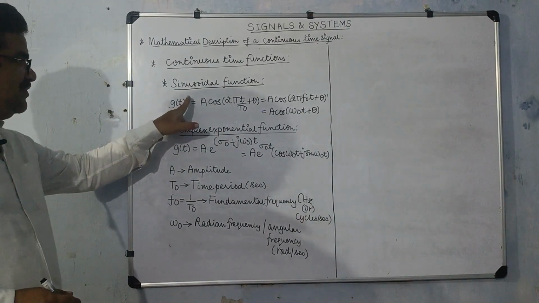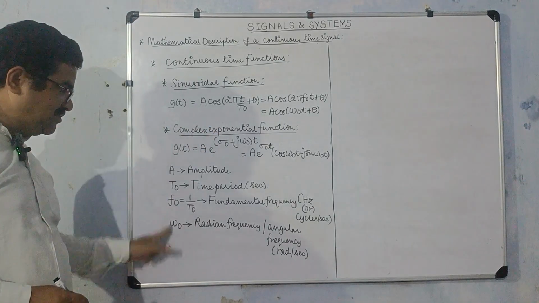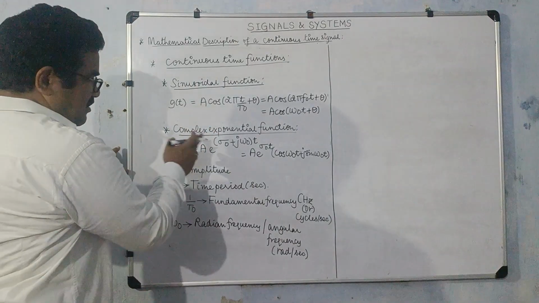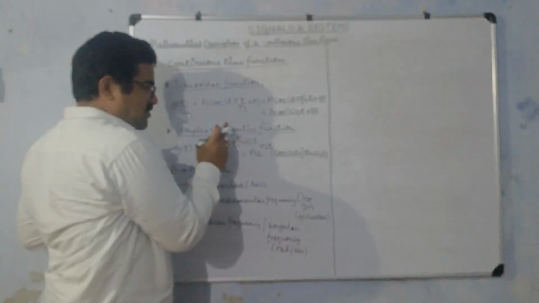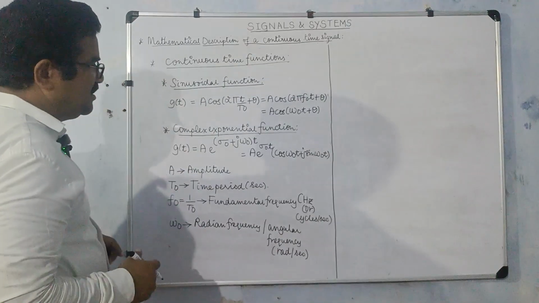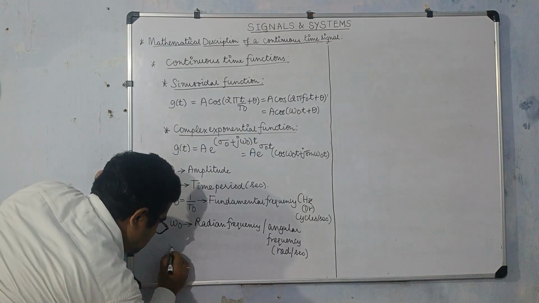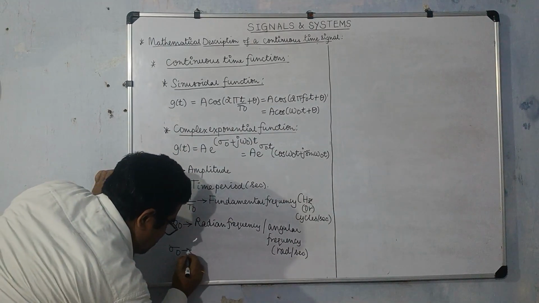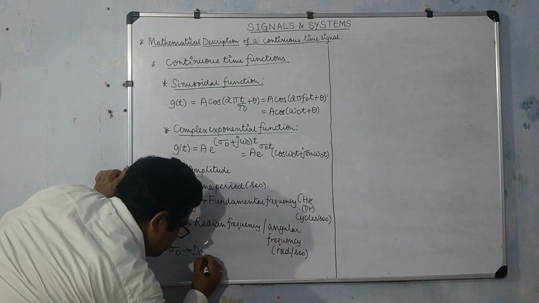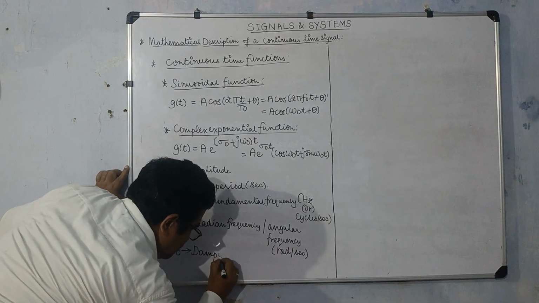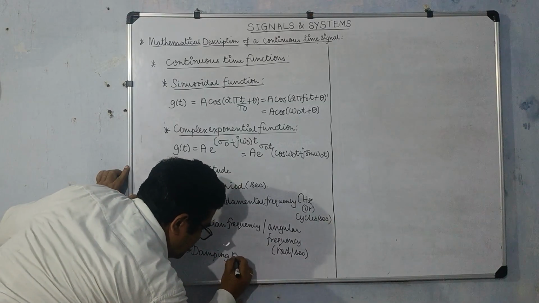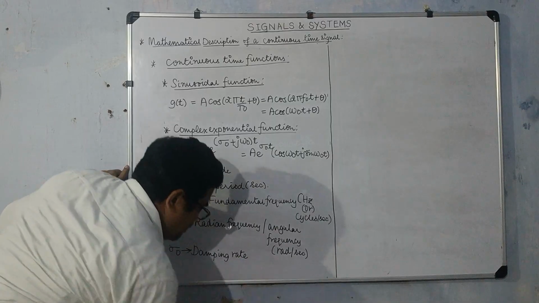Now in the sinusoidal function, these are the different parameters. In the complex exponential also we have A and omega naught, which are already there in the sinusoidal function. There is one more important parameter, sigma naught, which is known as the damping rate. We will see later why we call it a damping rate.